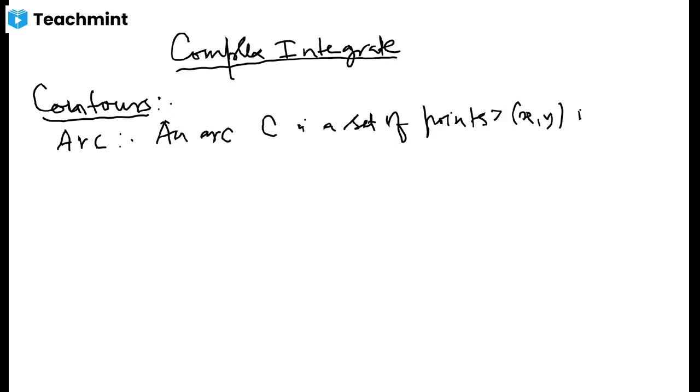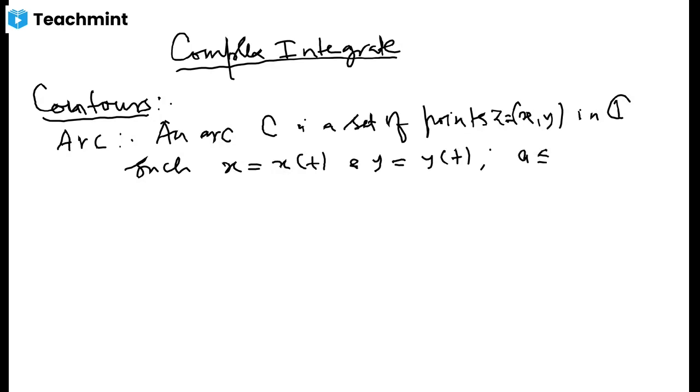We can denote the complex number in this way also in C, the complex plane, such that the coordinates x and y are functions of a real variable, such that x is a function of real variable t and y is also a function of real variable t, and this t lies in the closed interval a b, and this t is also known as a parameter of this arc.